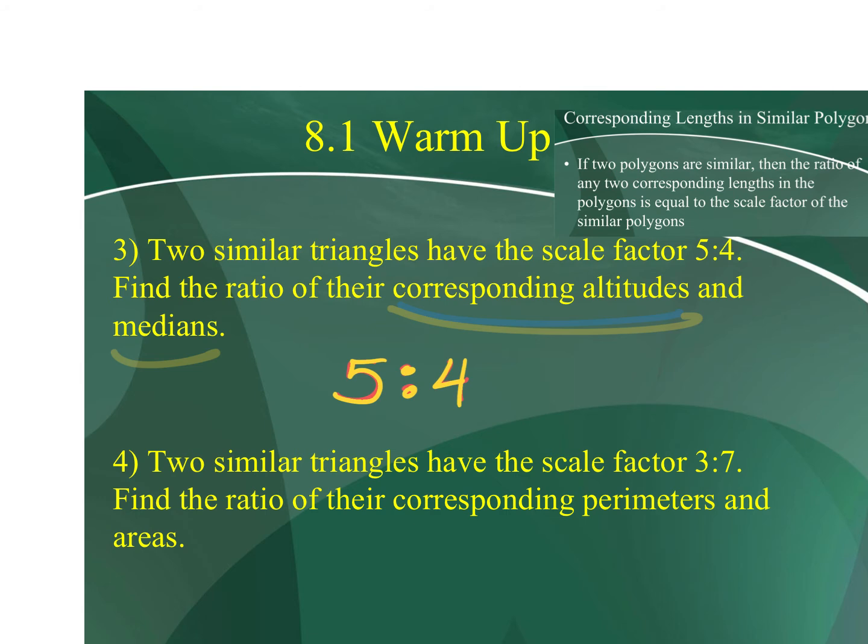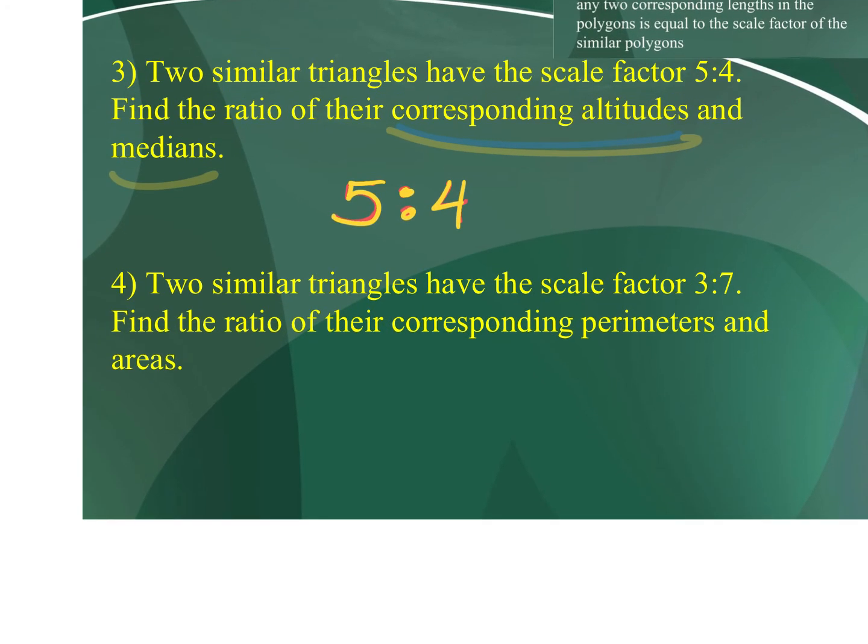All right, then the last one, this is where we're using the 2 theorems. So remember, the corresponding ratio for the perimeter is the same as the scale factor, or the same as the side length ratio. So for the perimeters, it's 3 to 7.